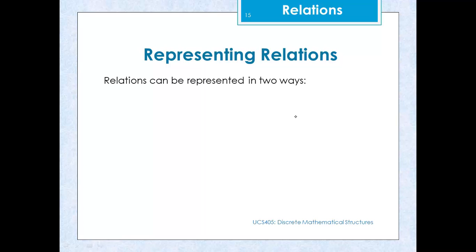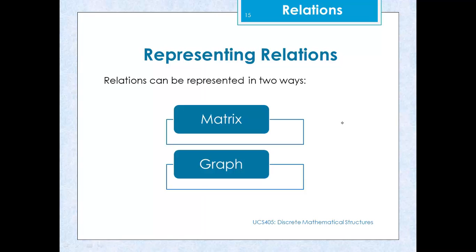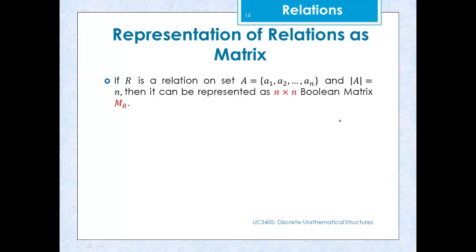Now, we will see how we can represent a relation in two different ways. Those ways are using matrices and using graphs. So, let us first see the matrix way. If we are having a relation R on a set A and the number of elements in set A is n, then the relation R can be represented as an n cross n Boolean matrix.